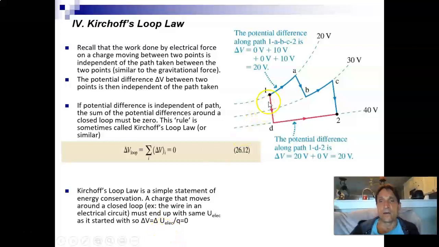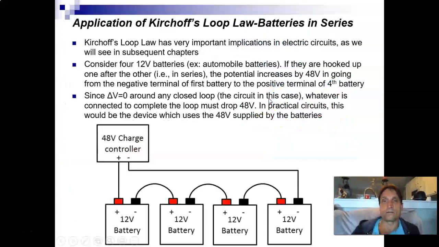If you start and end at the same point, you're going to have the same potential energy. So delta U is 0, and therefore delta V, the potential per charge, must also be 0. So zero net work is done on a charge going around a closed loop, or in other words, delta V around a closed loop is 0.